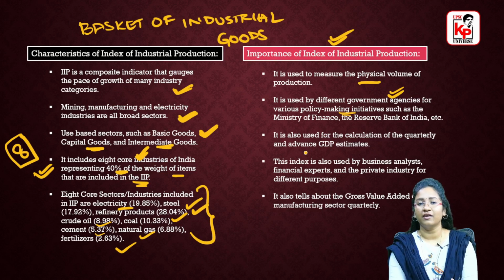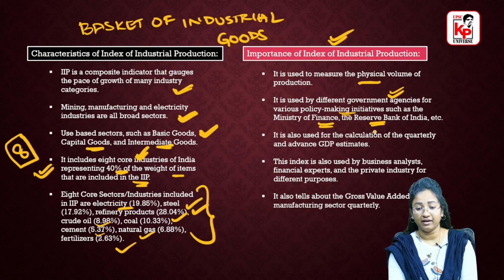First of all, they have to look at how the growth in the economy is for different sectors. Based on that, policy would be formulated. For example, if our Ministry of Finance or the Reserve Bank of India wants to come up with a particular policy, first of all they'll look at the performance of these sectors in the economy through data from indices like these, and then they'll formulate a particular policy.